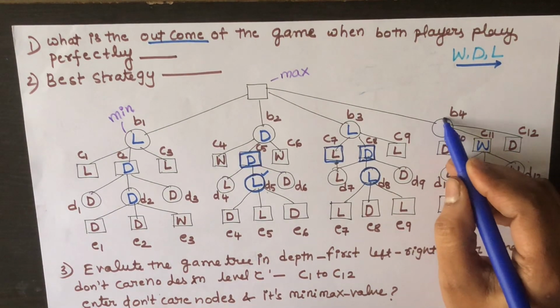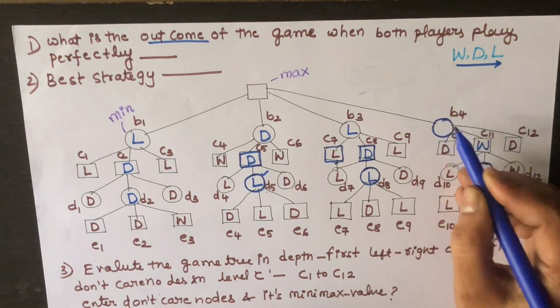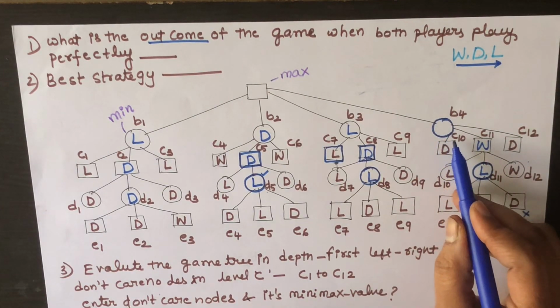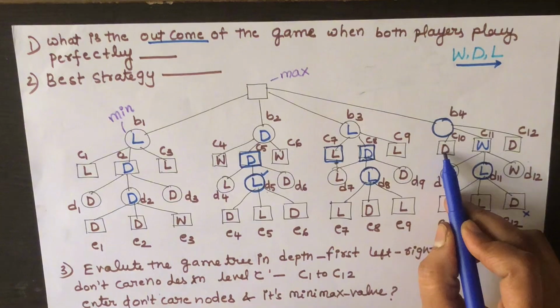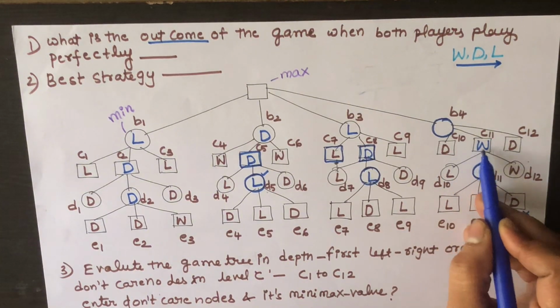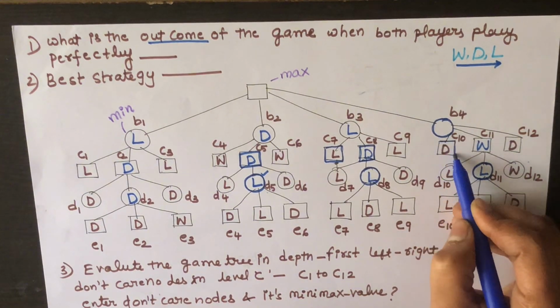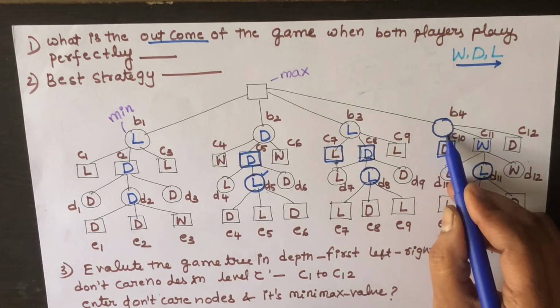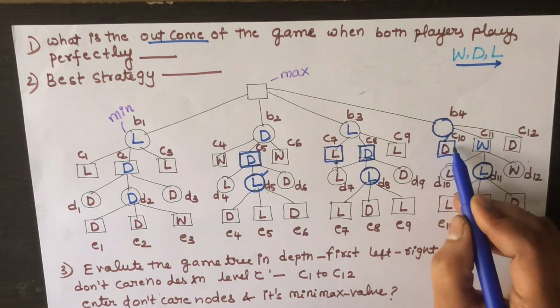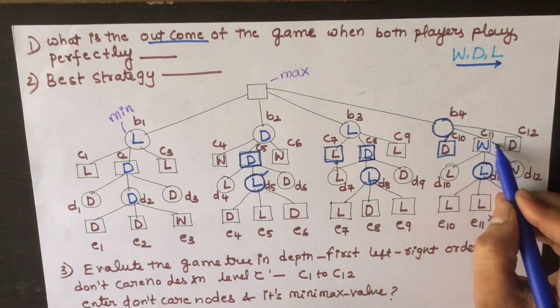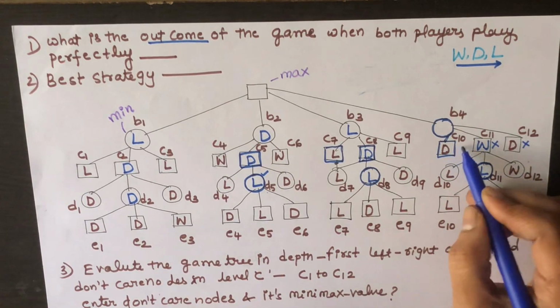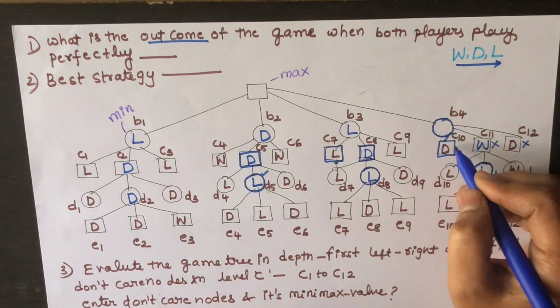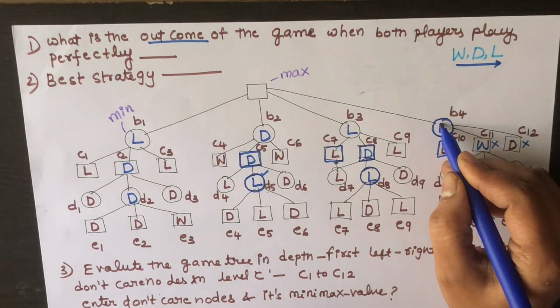And this B4 is the minimum node. The minimum node selects the minimum value. Compared to win, draw is the minimum value and it is in the max node. It selects the first node, it does not select these two nodes. D from C10.